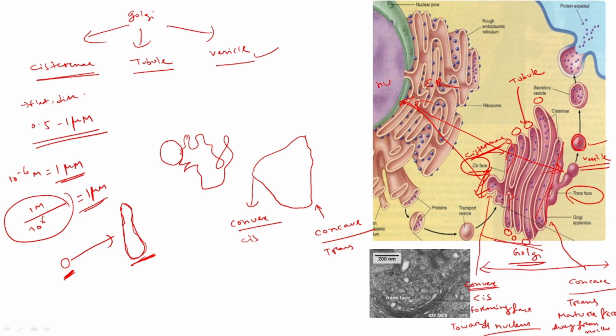Now come to the function of the Golgi body. From the ER, the proteins are transferred by forming a vesicle. In the smooth endoplasmic reticulum, the lipids are synthesized, and here the protein, and they are transported to the Golgi.